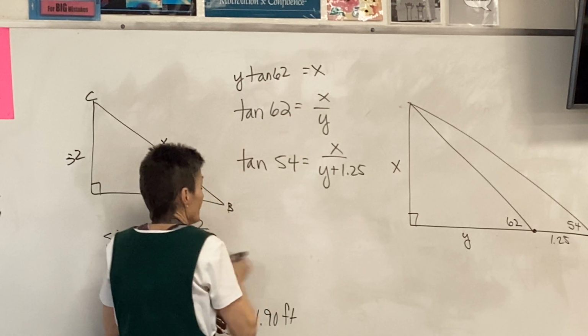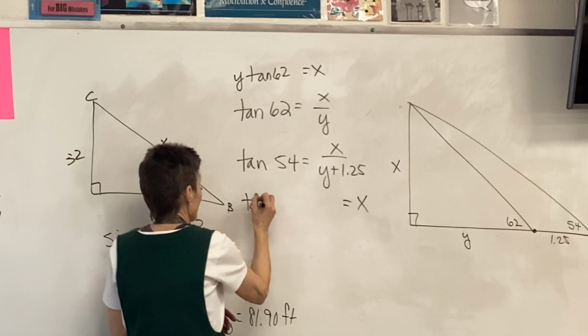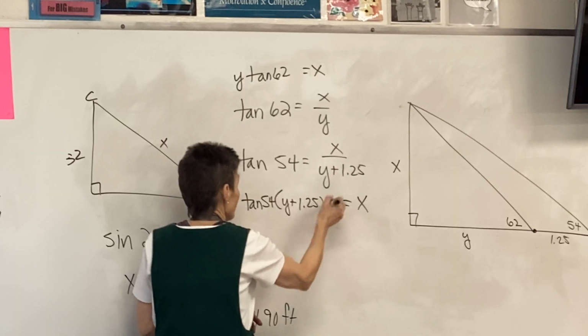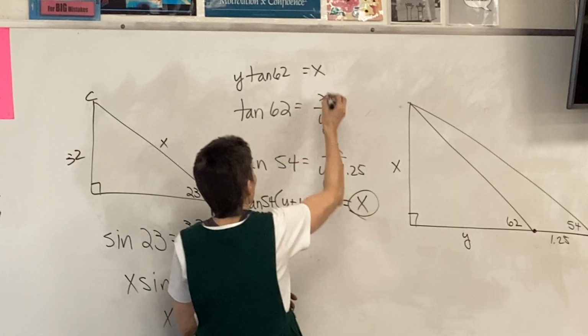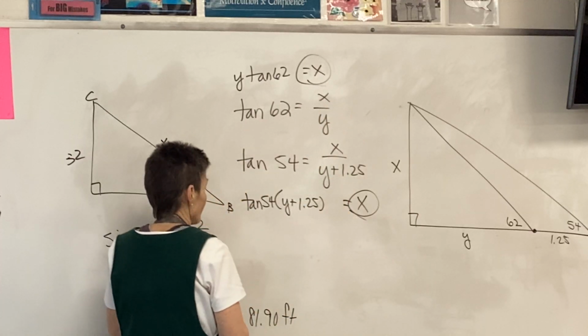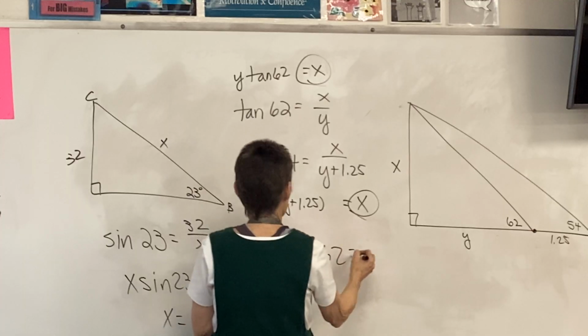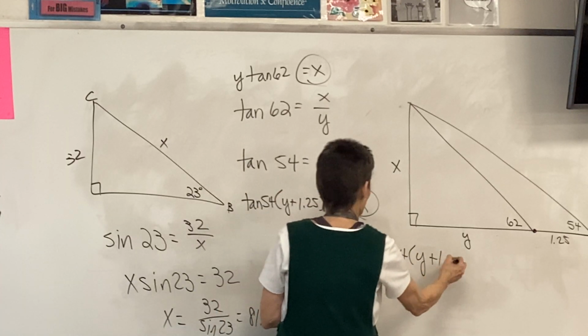And x here is going to be tan 54 times y plus 1.25. So since those are both x's, I can say y tan 62 equals tan 54 times y plus 1.25.